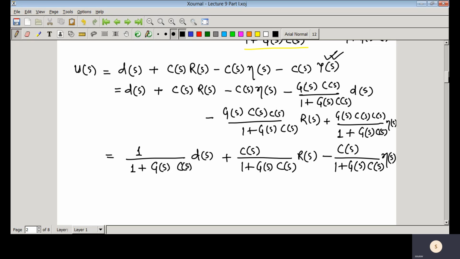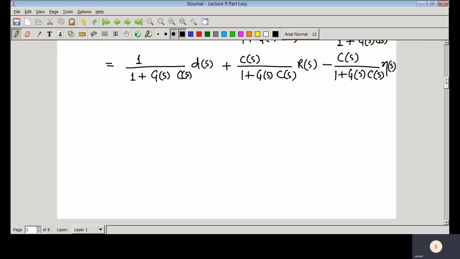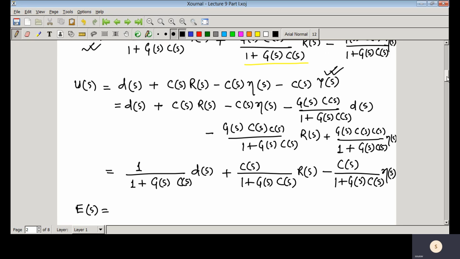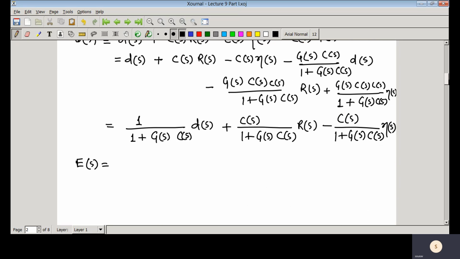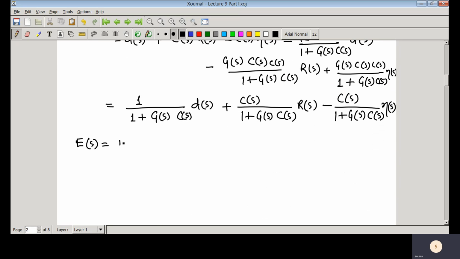In a similar way, you can write ES. ES is the error signal. So ES equal to RS minus eta S minus YS.